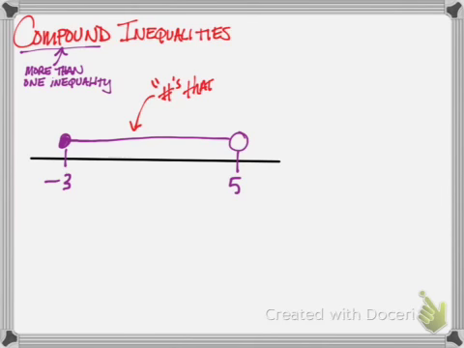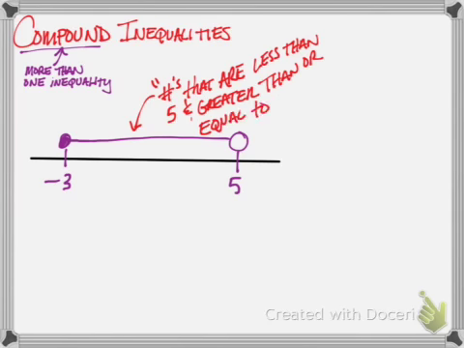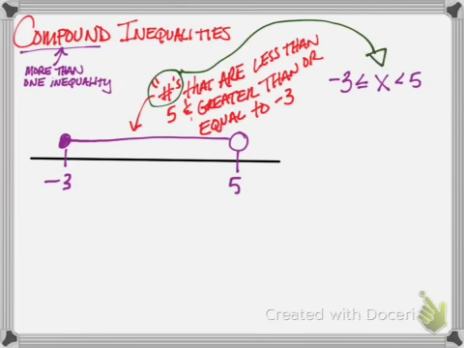We could write that as an inequality. So we combine the two, and we would read the statement as -3 is less than or equal to x, which is less than 5. In this case we are using a variable to represent the numbers.